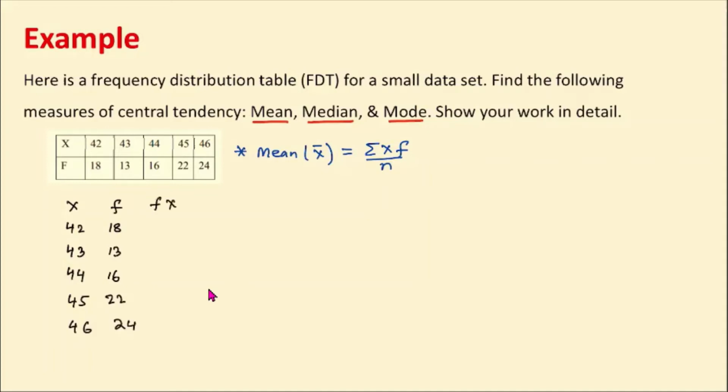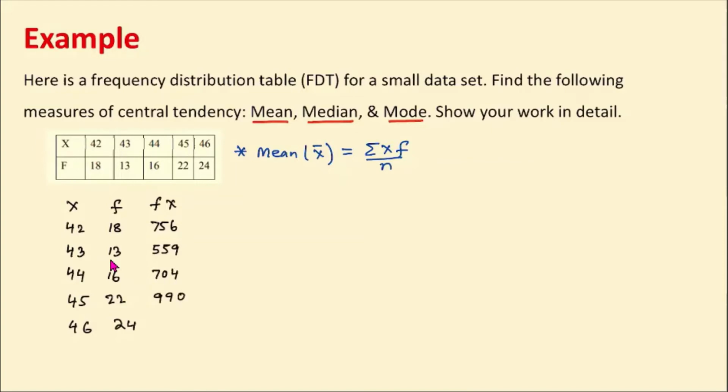Now we need F times X because in the formula we have F times X. So if we multiply 42 and 18, that will be 756. Similarly, 43 times 13 is 559. 44 times 16 is 704. 45 times 22 is 990.